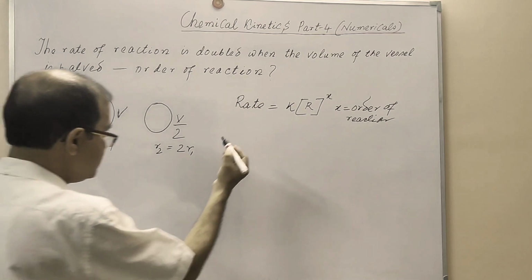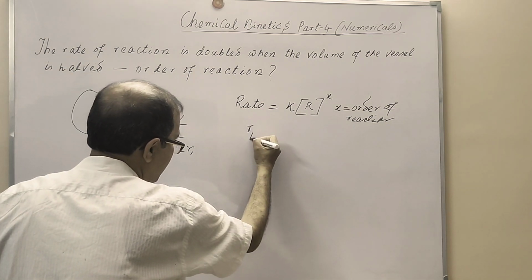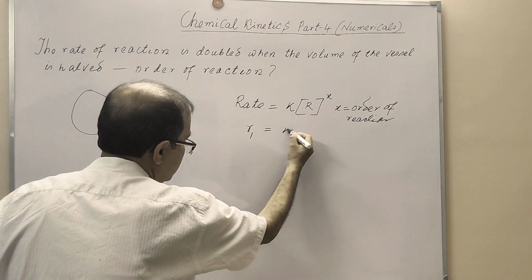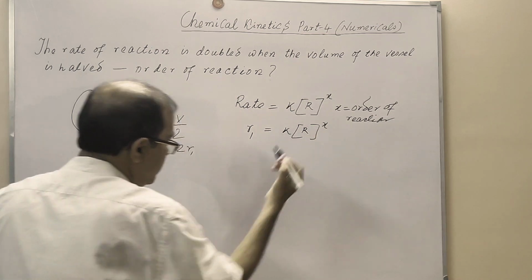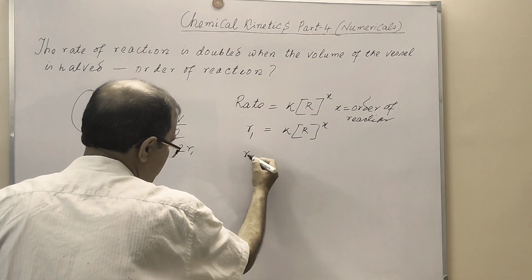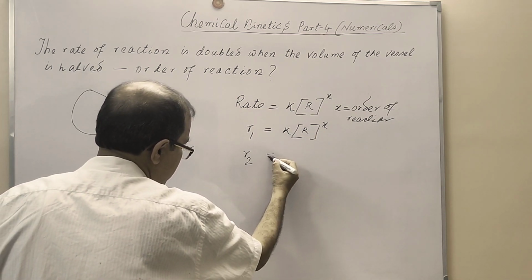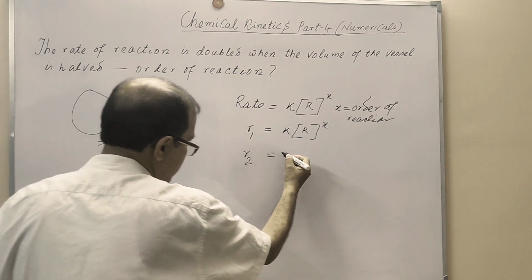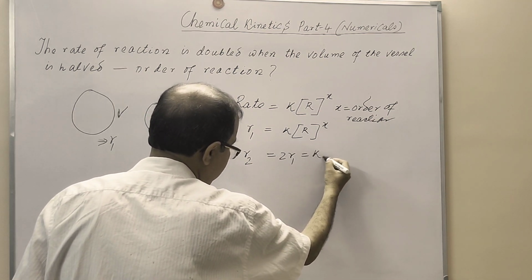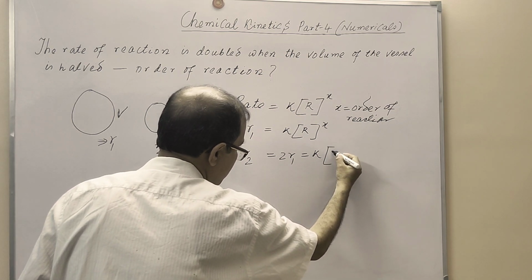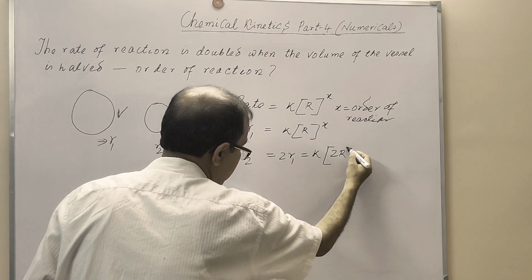So in this case, R1 is equal to K into R to the power x. Now R2 is basically 2R1 and that is K into 2R to the power x.